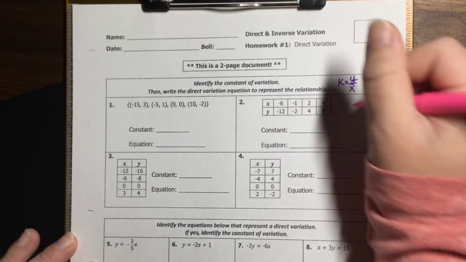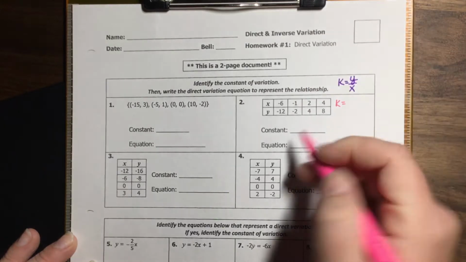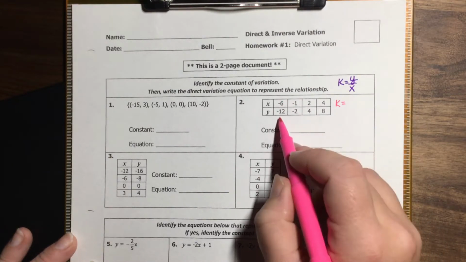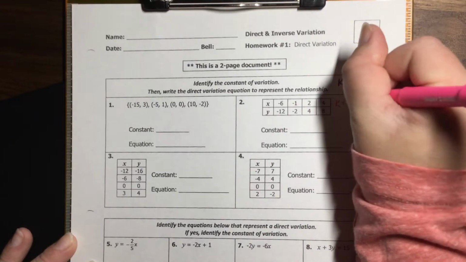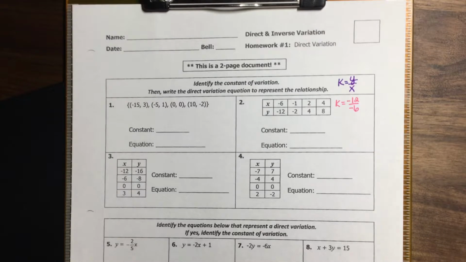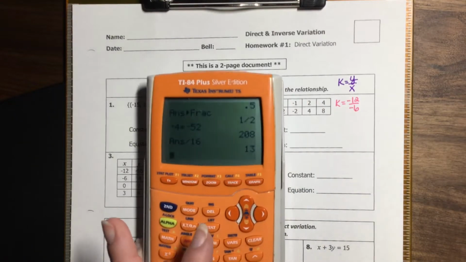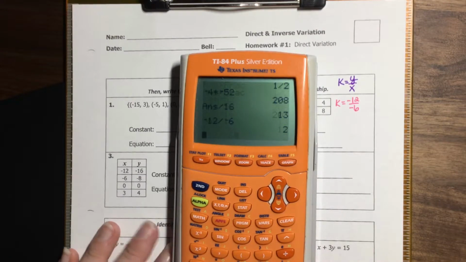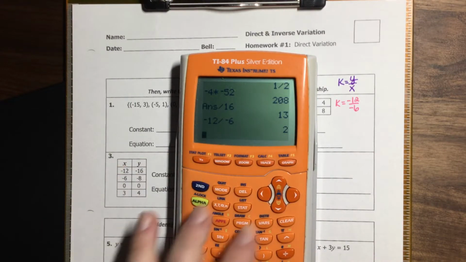So I've got k equals, if I use the first coordinate ordered pair, I get -12 divided by -6. Once again, we can plug that into our calculator. -12 divided by -6 gives me 2.